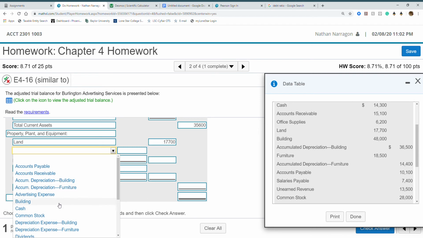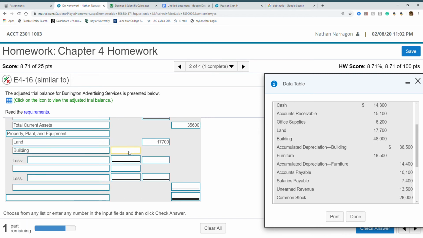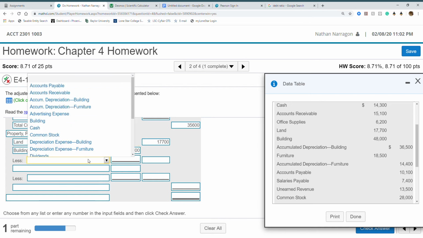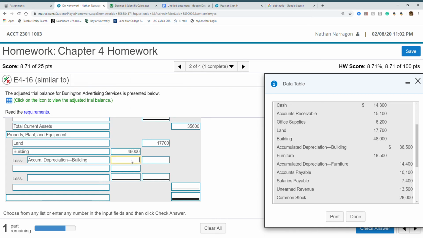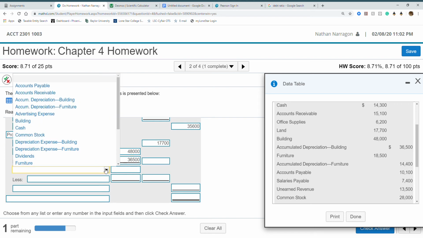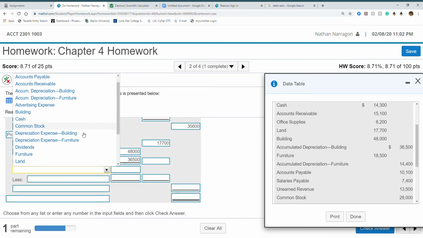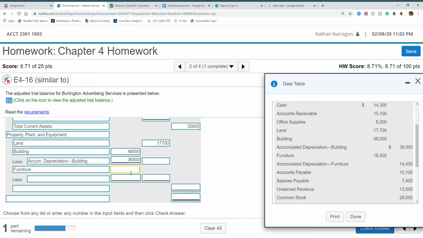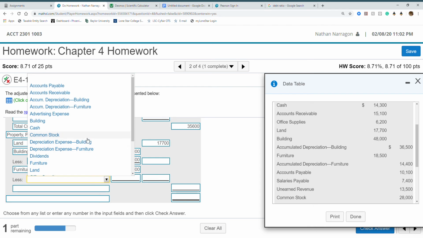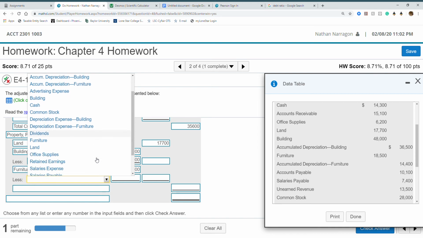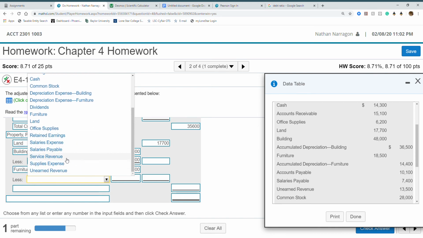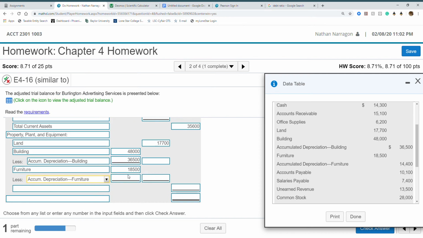Next, we got our building, which was 48,000, less our accumulated depreciation on the building, 36,500. Then we have our furniture. There it is. And then less, there, that's not it. There it is. Accumulated depreciation furniture.